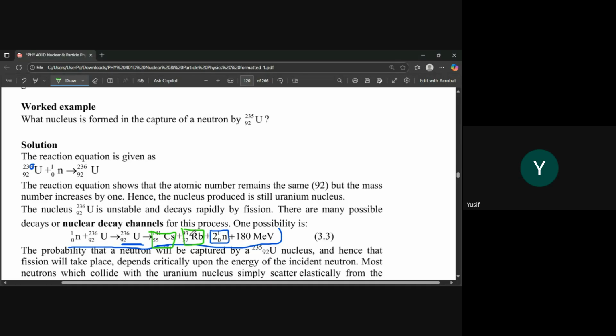So in order for you to balance it, you have to check: if this and this are produced, when you add them, is it the same as what you're having here? If it's not the same, then you have to add the thing that is missing, and that is all that we need. So don't worry yourself about the products, because the daughter nuclei will always be given. Your duty is just to balance it and know what is being produced, or the excess particle that is produced after the daughter nuclide.